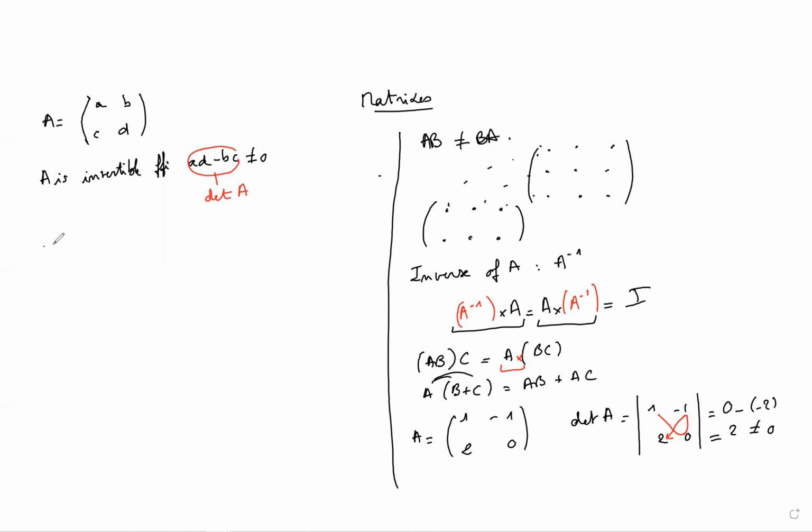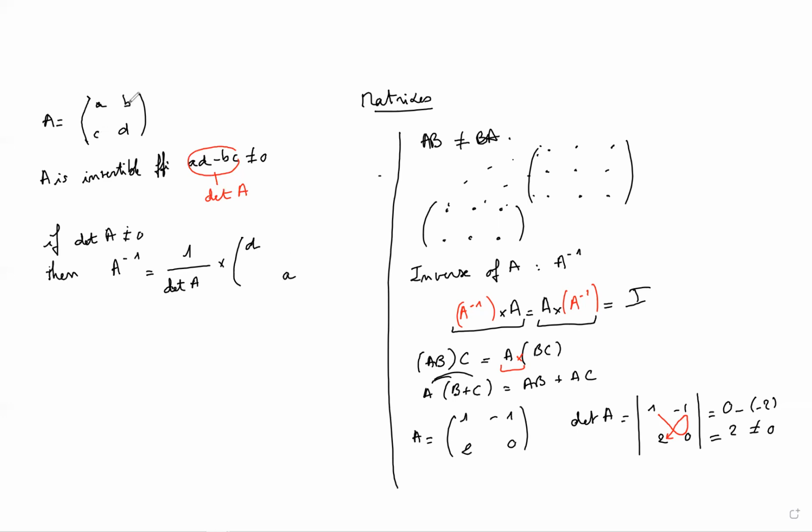Now, something very interesting happens when you have a square matrix like that of order 2. If the determinant of A is not equal to 0, which means A is invertible, then you can get an easy formula for the inverse. It will be 1 over determinant of A times: you swap these two coefficients, put D here and A here.